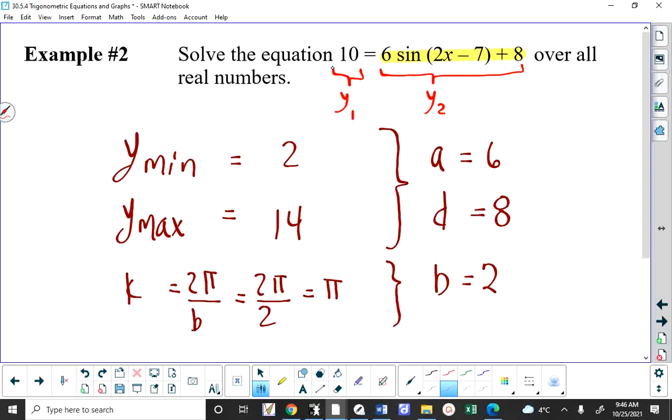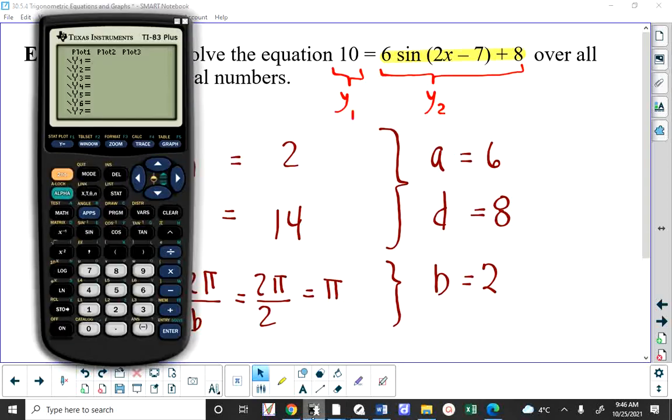It doesn't matter which one you put into which slot in your calculator. But I'll go with y1 equals 10 because that's what I wrote. And then I have 6 sine, and then inside of the argument brackets for sine, I have 2x minus 7, close brackets. I don't need to worry about factoring that 2 out. I don't care. I'm looking for solutions.